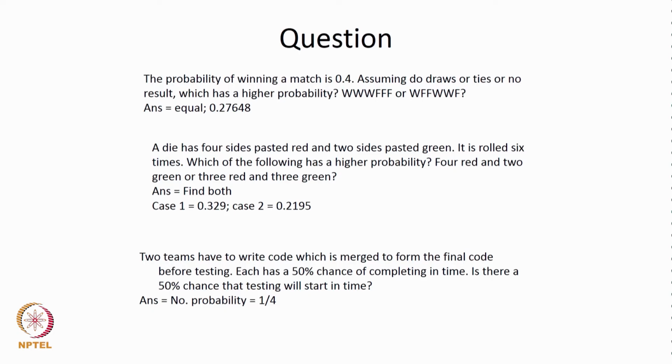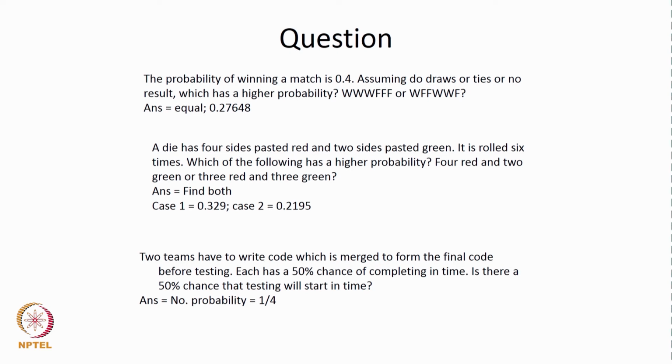So, if we define red as a success, then the probability of success is 4 by 6, which is 2 by 3, and the probability of failure is 1 by 3. Now we have to find the probability of 4 red and 2 green, which is given by nCx p power x q to the power n minus x. So, we would have 6 times it is rolled.